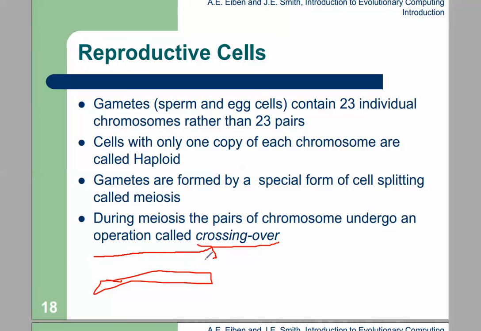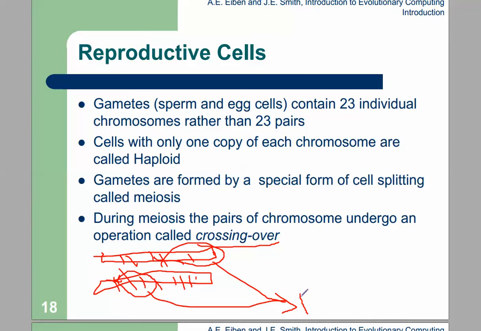For example, the father has some genes, the mother has some genes. Some genes of father and mother are mixed or combined together and cause a baby or children. It is named crossover.